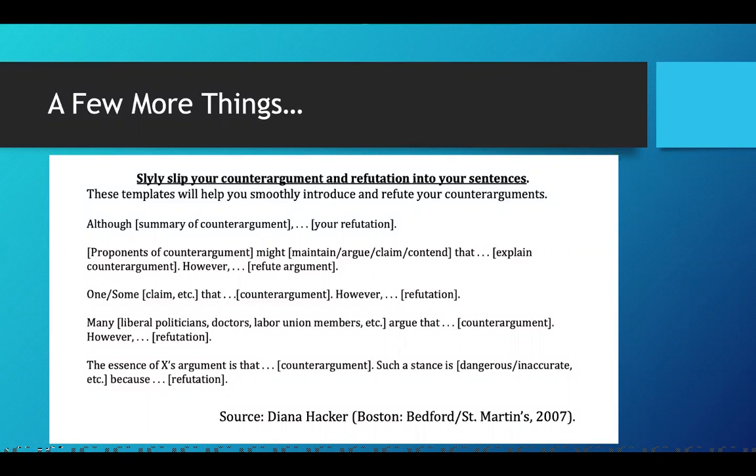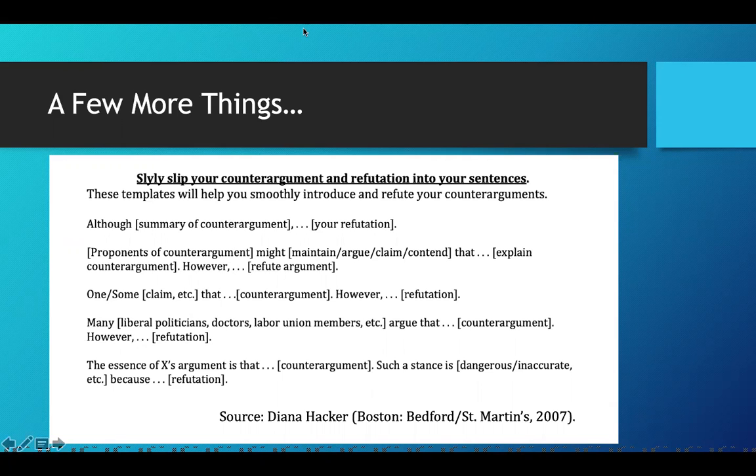Okay, here's another. Proponents of the counter argument might maintain, argue, claim, or contend that, blank, and you explain the counter argument. However, and then you refute the counter argument. Okay, another template. One or some claim that, blank, the counter argument. However, blank, and then you have your refutation. Next one.